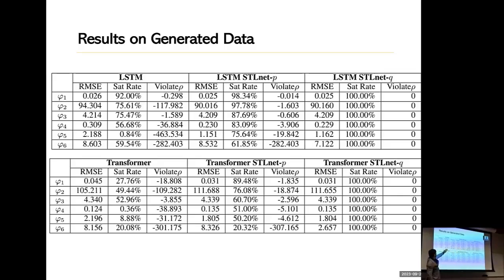But in general, you're looking at higher satisfaction rates with the student network than with the baseline approach that doesn't do anything to address consistency. Likewise, the satisfaction rate here is at 100%, because again, they're guaranteed that result with the teacher network.